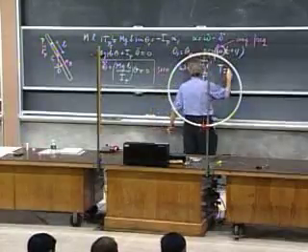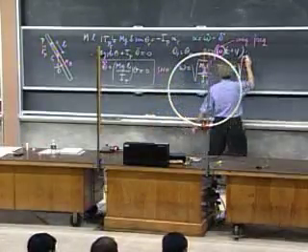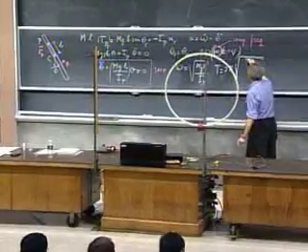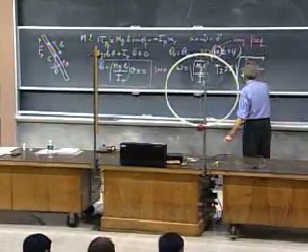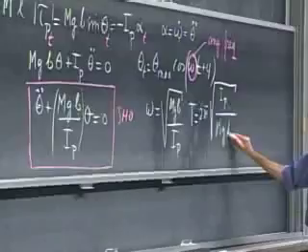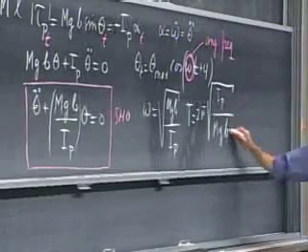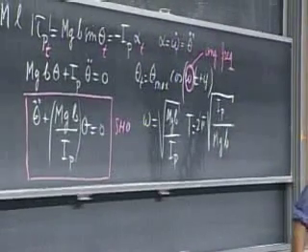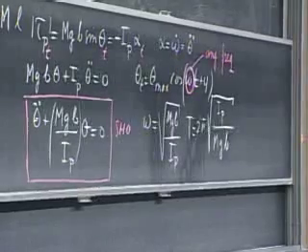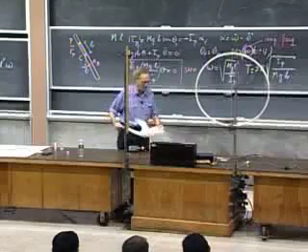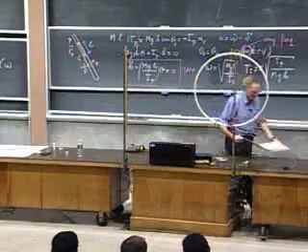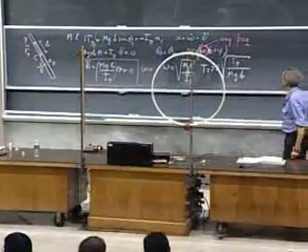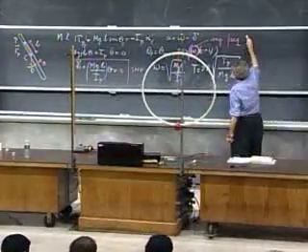And so the period of an oscillation, which is 2 pi divided by omega, has to be this. This, by the way, is independent of the mass of the object. You may say, yeah, but there is a mass downstairs. Yeah, but there is also a mass upstairs, because the moment of inertia about point P has a mass in it.